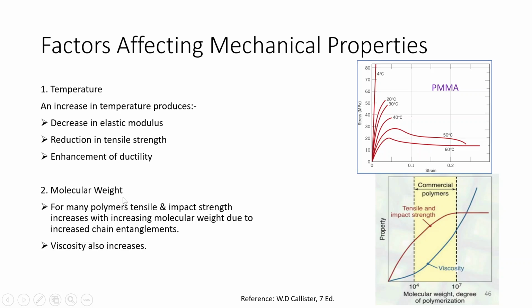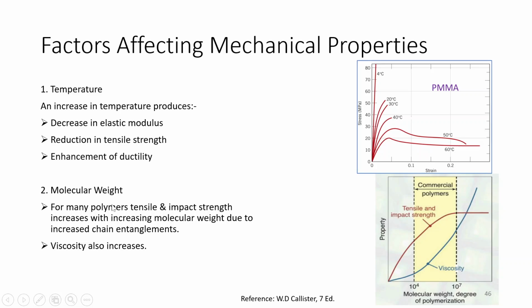Next is molecular weight. For many polymers, tensile and impact strength increase with increasing molecular weight, due to the increase in chain entanglements, and the viscosity also increases.